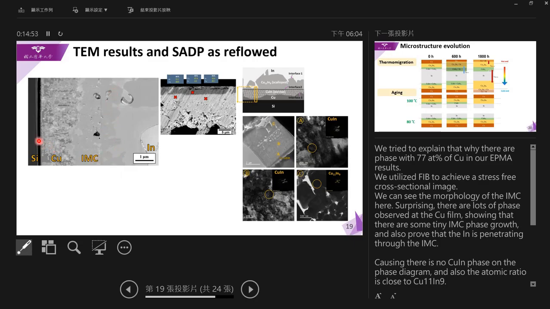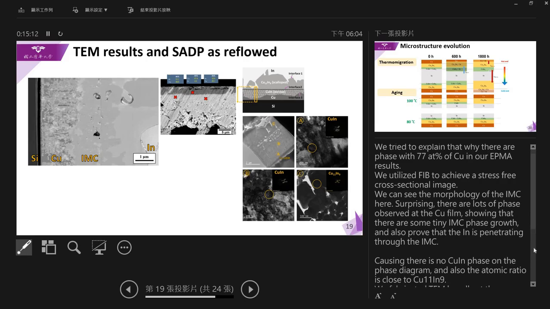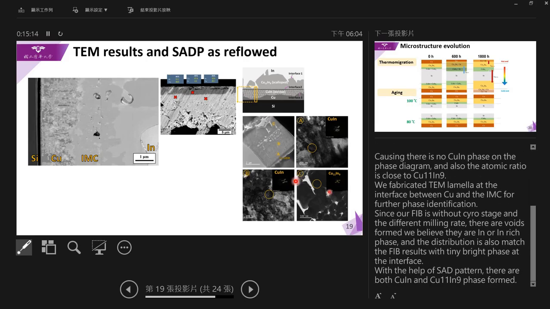Surprisingly, there are lots of phases observed in the copper layer, showing that there is some tiny IMC phase growth, or maybe it's caused by the indium penetrating through the IMC, causing there to be no CuIn phase in the phase diagram, and also the atomic ratio is close to Cu11In9 phase. We fabricated TEM samples at the interface between copper and IMC here for further phase identification.